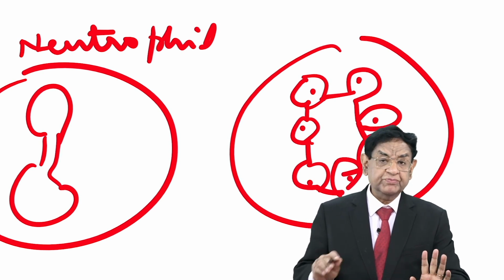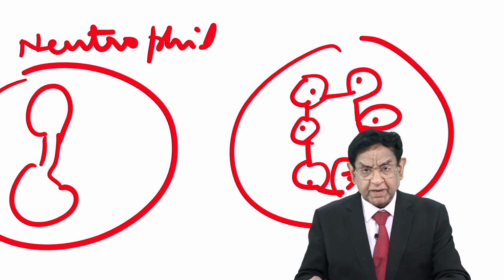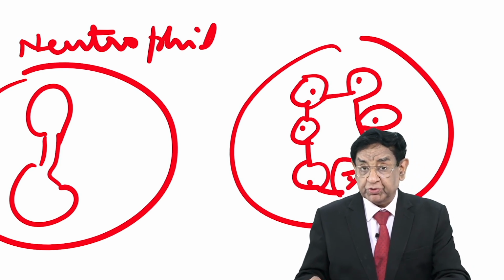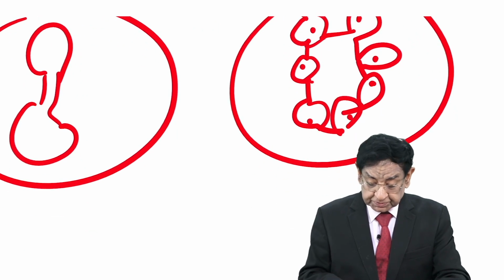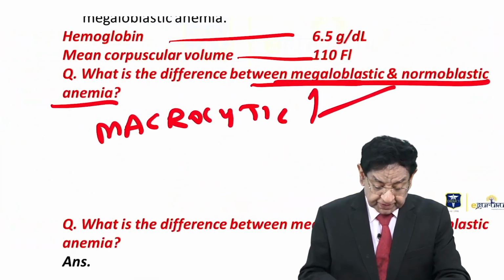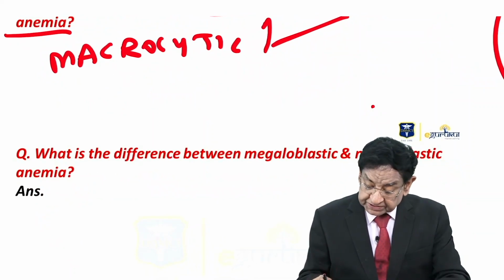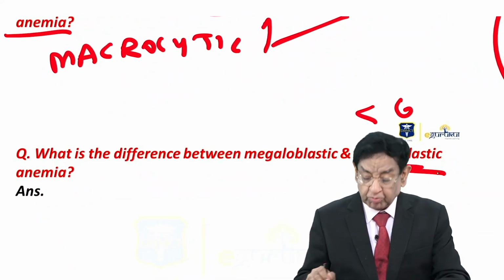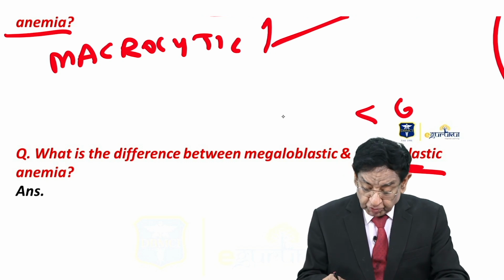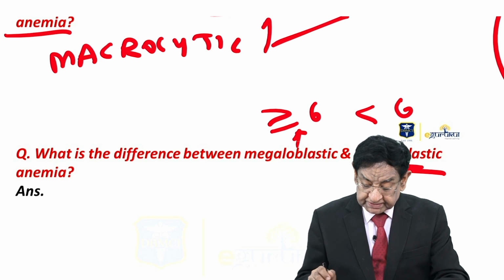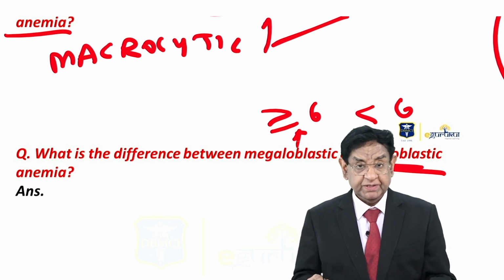So to know about megaloblastic or normoblastic, you look into the neutrophil nucleus, the number of lobes. If the number of lobes is less than 6, we call it normoblastic. If it is 6 or more, then we call it megaloblastic anemia, right?